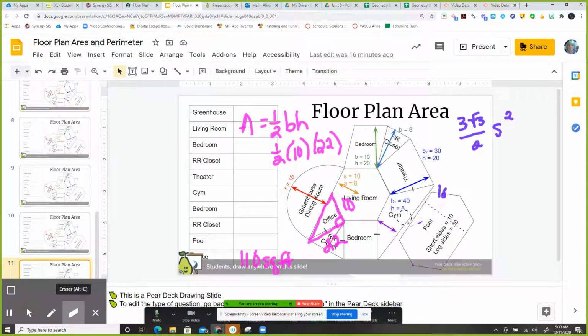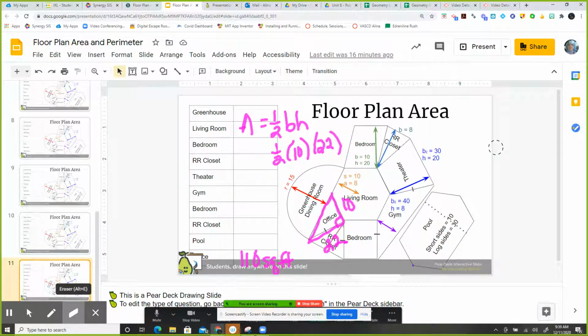Any ideas? I'm just looking for ideas. The S stands for the side length. So P stands for perimeter. Yeah, what do you think?